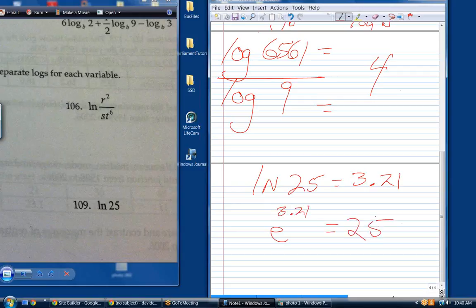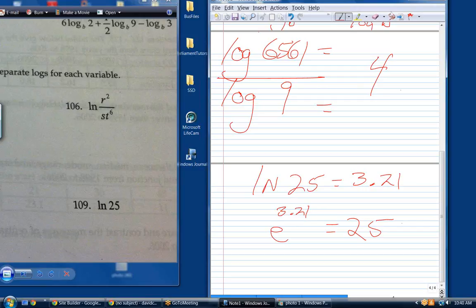Go in your calculator and take E and raise it to the 3.21 power. You get almost 25. I got 24.77. Exactly. And the reason it's not exactly is because we rounded that off. The natural log of 25 was actually 3.21 and change.